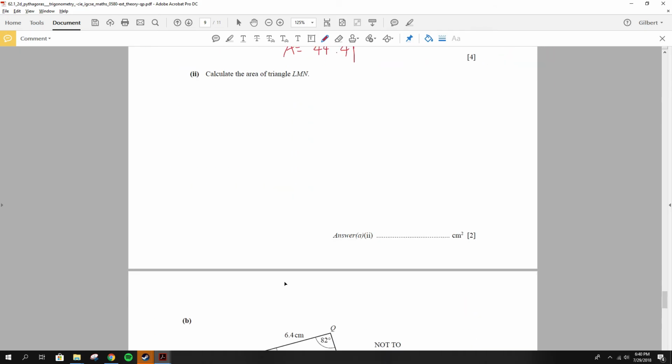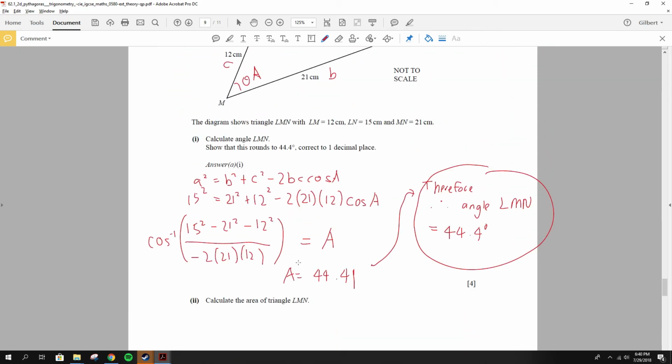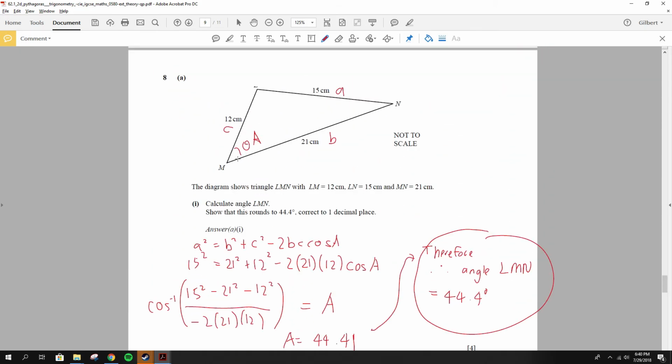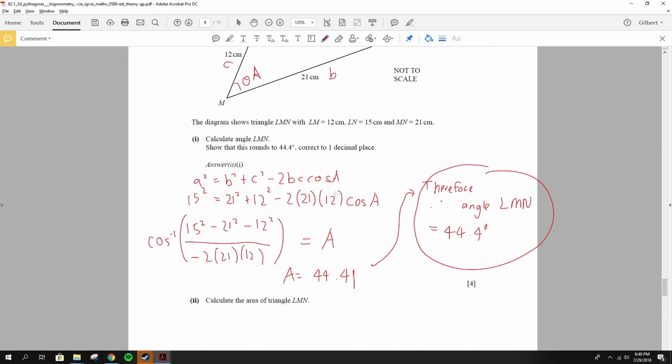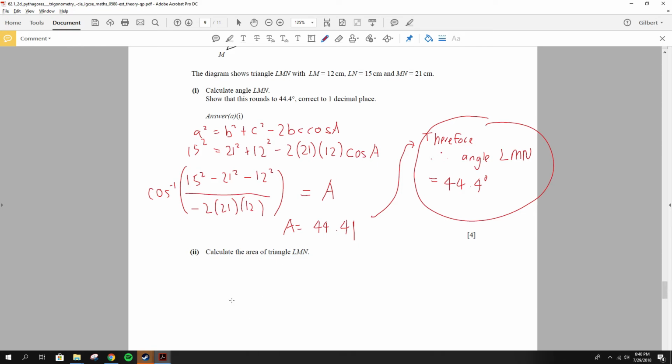Now next part, calculate the area of triangle LMN. To calculate the area, we already know that this angle is here, so we just need the two sides, which are 12 and 21, and use this angle of 44.4.